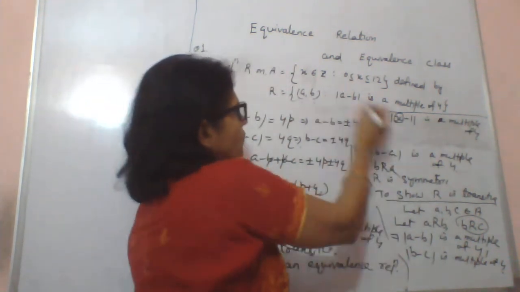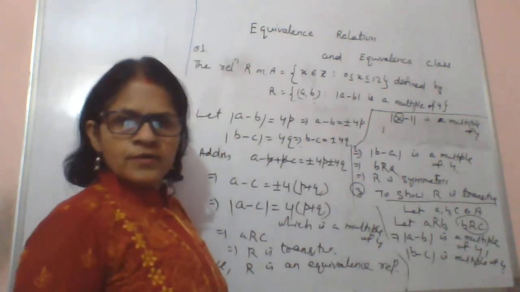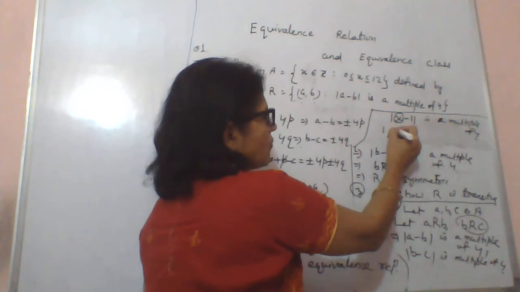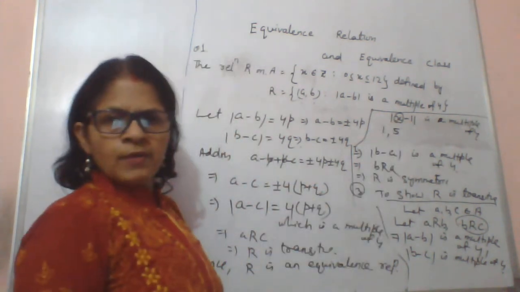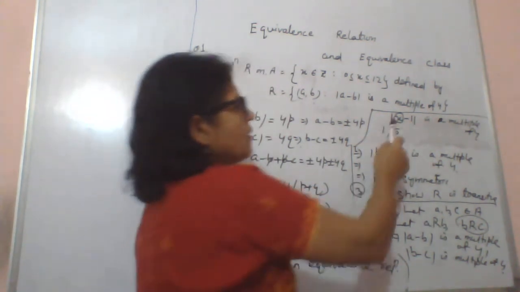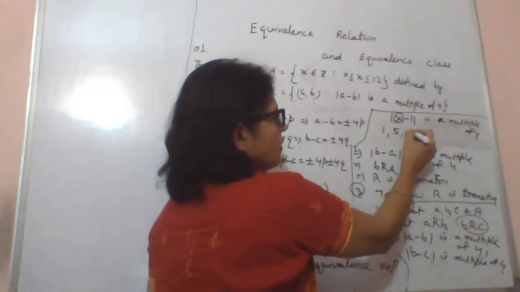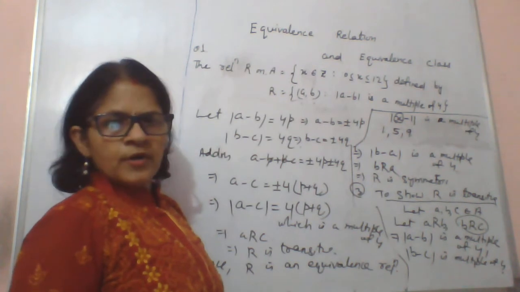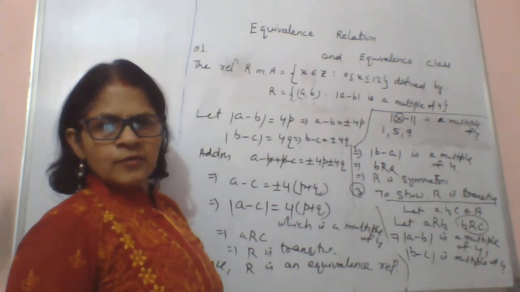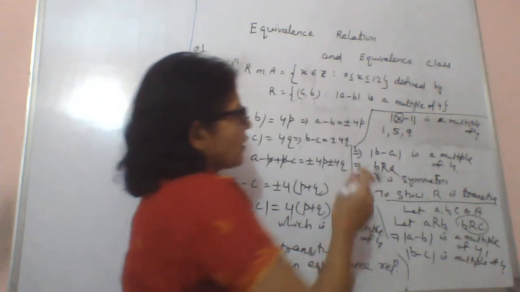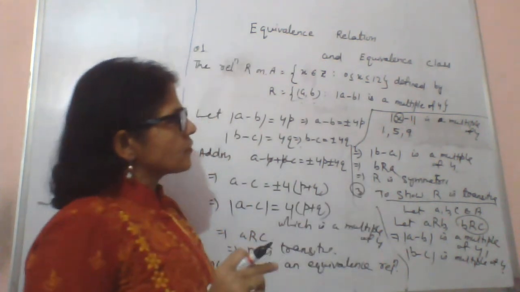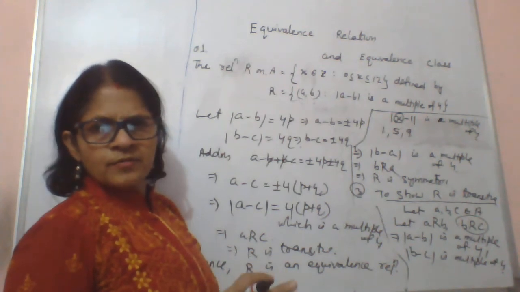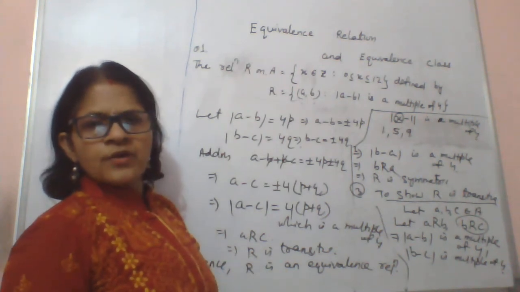If I write here 1 is fine, 1 minus 1 is a multiple of 4, fine. Then if I write here 5 minus 1, multiple of 4, fine. If I write here 9, so I am getting mod 9 minus 1, that is also a multiple of 4. So can you try any other element? Suppose I took 11 and 11 minus 1, 10. 10 is not, mod 10 means 10, 10 is not a multiple of 4.